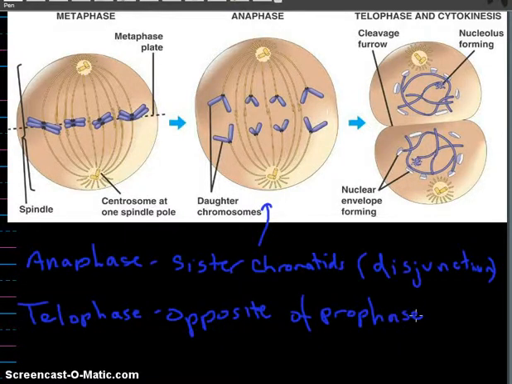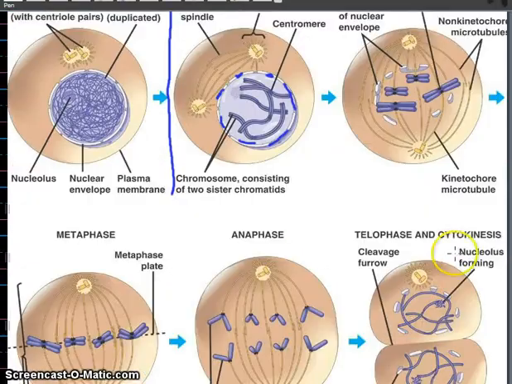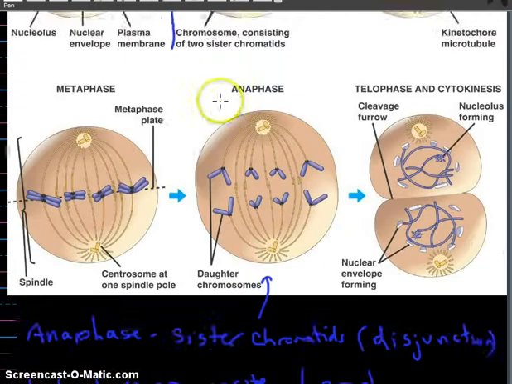So what occurred in prophase? We saw that in prophase, the nucleolus disappeared, the nuclear membrane disappeared, the chromatins condense into chromosomes, and these centrioles right over here form these microtubule spindles.